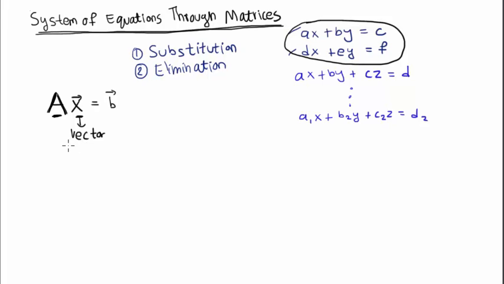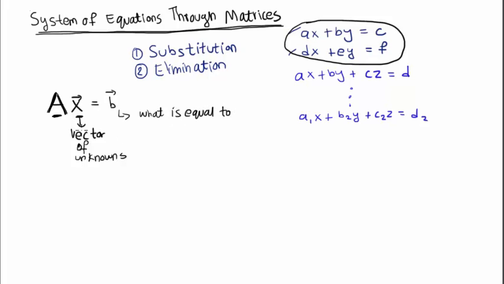If you follow along the logic, then you'll be fine. So, the vector of unknowns, and then the b is the answer, or not really the answer, but just the c and the f. So basically, what they're equal to.